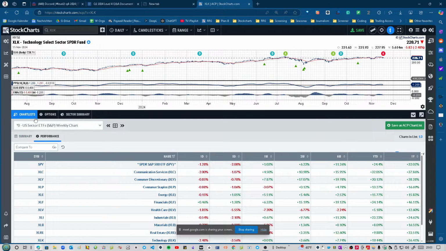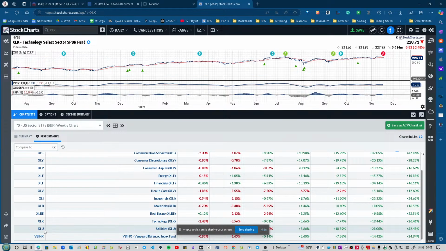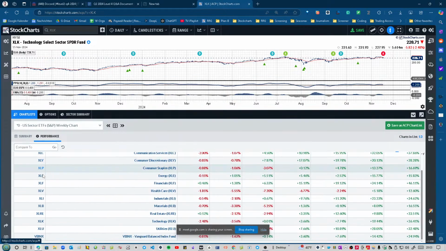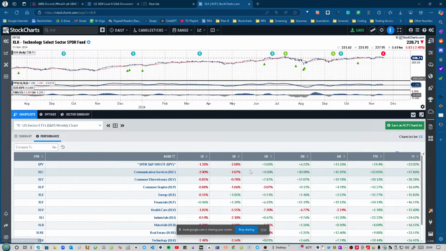If you go to chart list, you can build, for example, a chart list with all the sectors, and then I also put in the S&P and VBINX, the Vanguard Balanced Index Fund, which is built out of 60% stocks and 40% bonds. Then you can see directly in one picture the 1 day, 5 day, 1 month, 3 month, and 6 month performance.